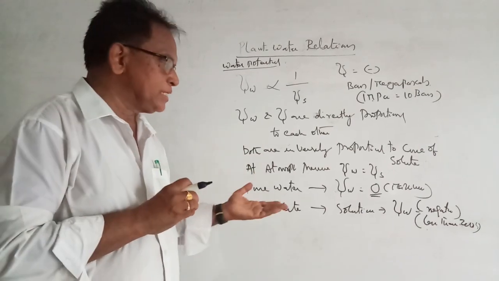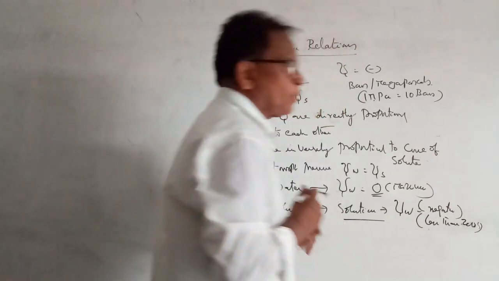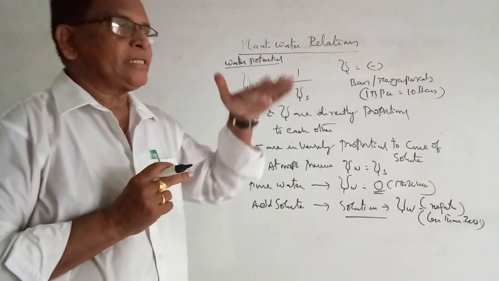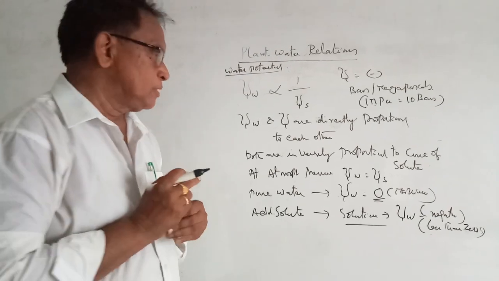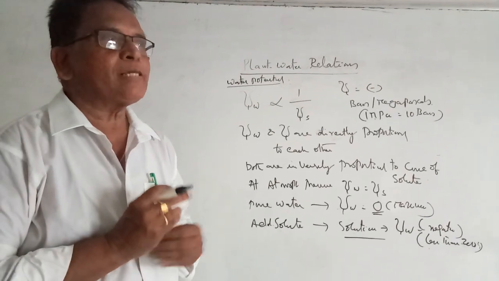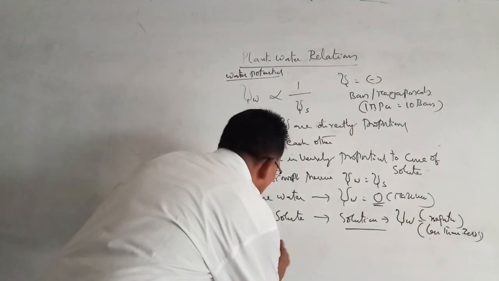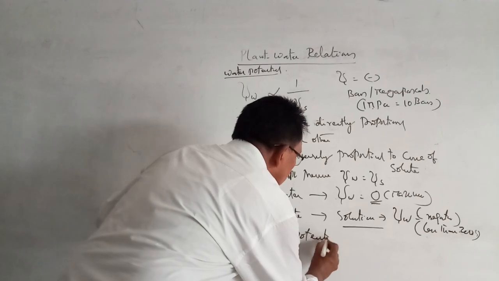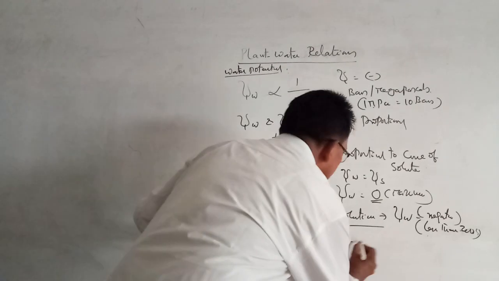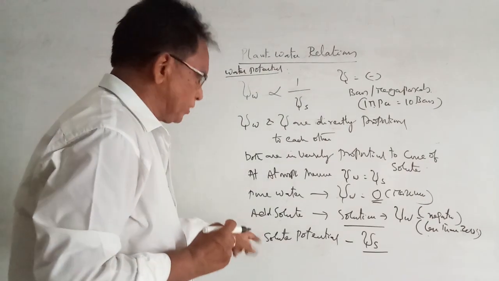So this value that is less than 0 for the pure water can be represented as solute potential. It can be represented as psi S, solute potential.